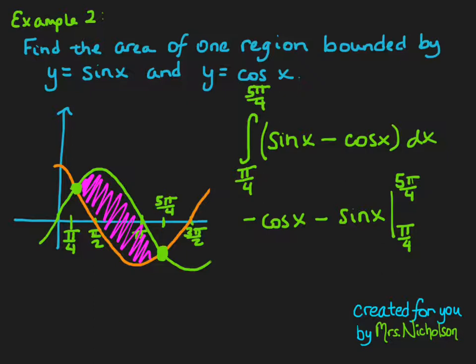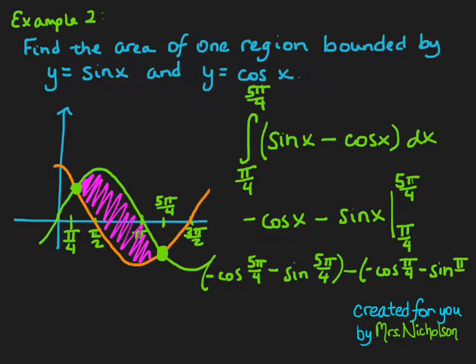So I'm going to substitute the top number in first. Negative cosine of 5 pi over 4 minus sine of 5 pi over 4 minus, and then we need to substitute in the pi over 4. Negative cosine of pi over 4 minus sine of pi over 4.